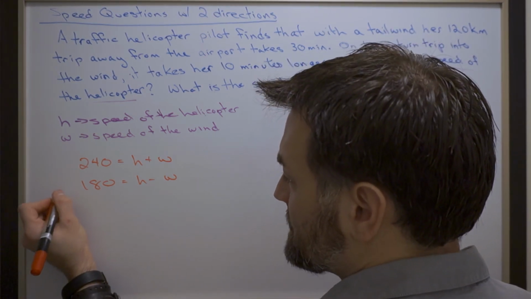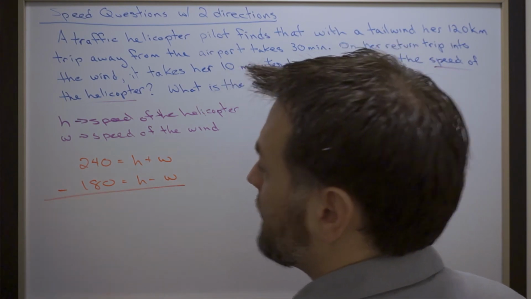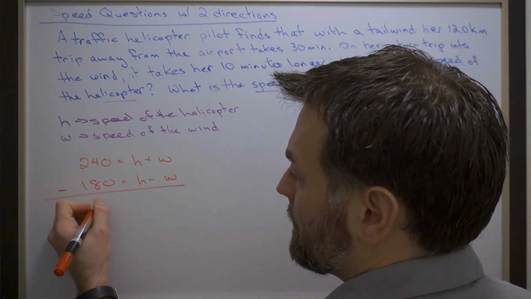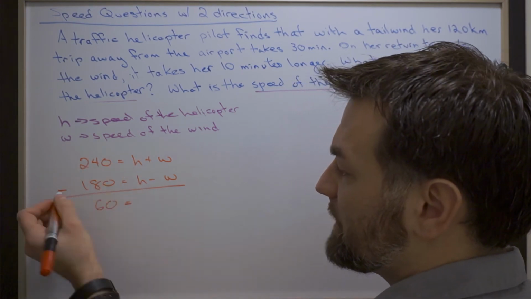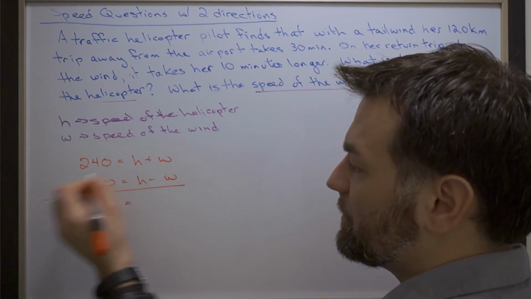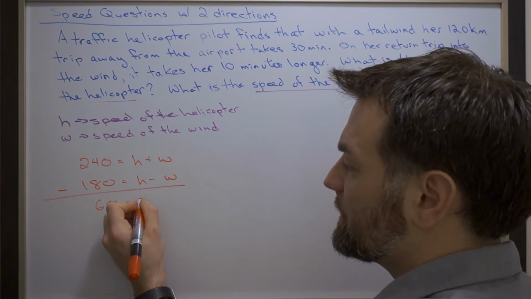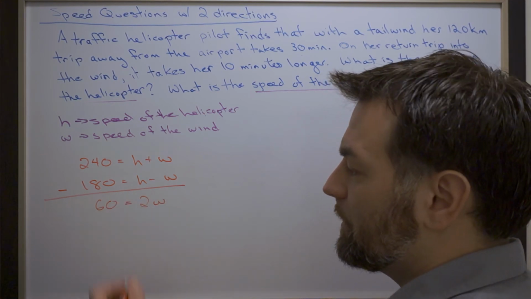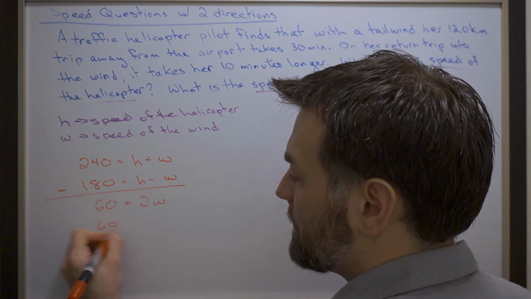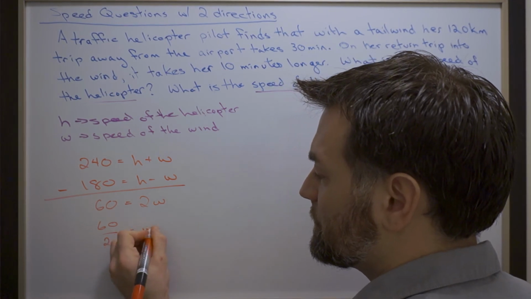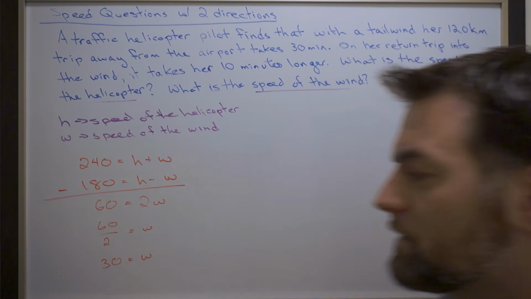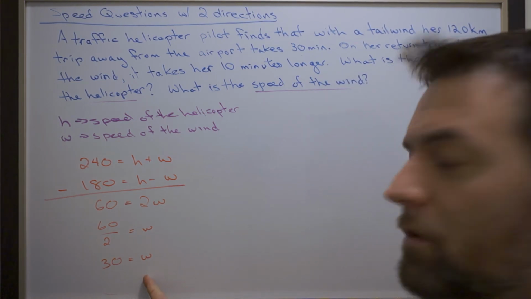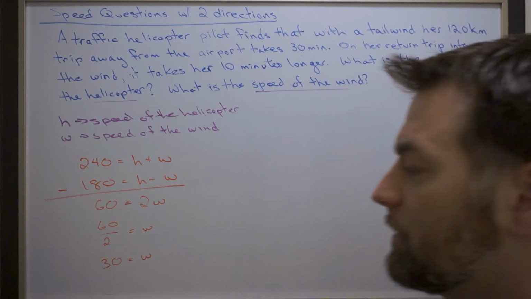If I subtract these, I will get 60 equals H minus H, it disappears, and W minus negative W is going to give me 2W. And so 60 divided by 2 equals W, or 30 equals W. So there's my wind speed, 30 kilometers an hour.